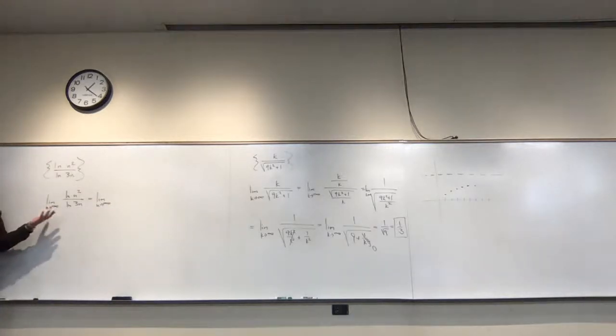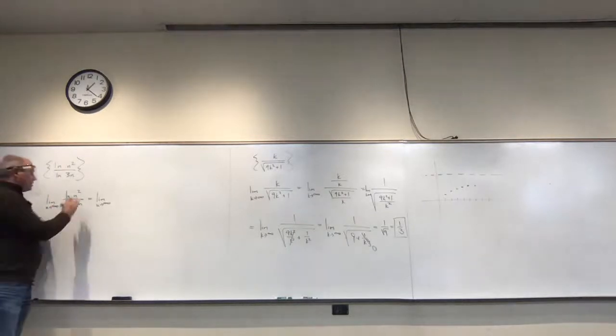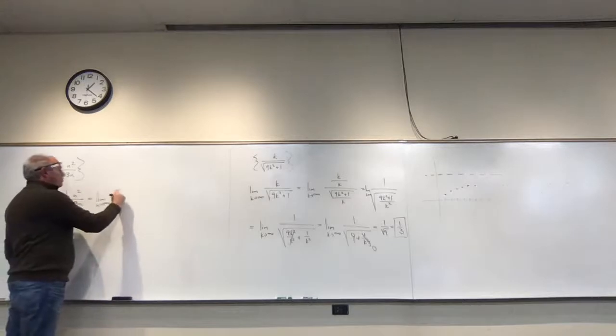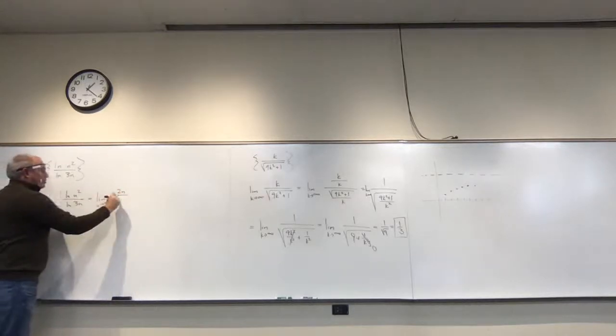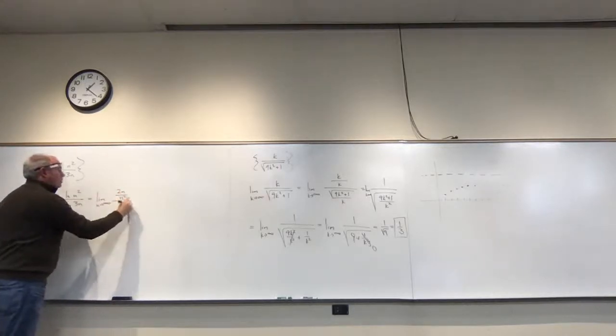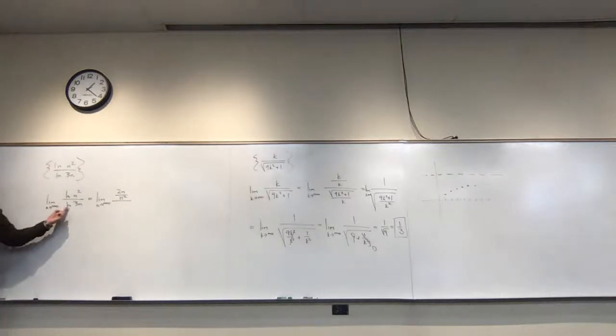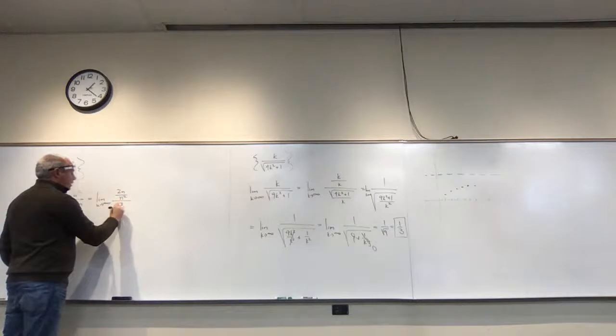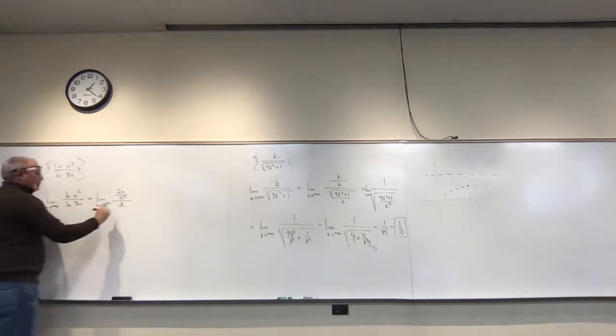The derivative of natural log of n squared is the derivative of n squared, which is 2n, over n squared. And the derivative of ln of 3n is the derivative of 3n, 3, divided by 3n.